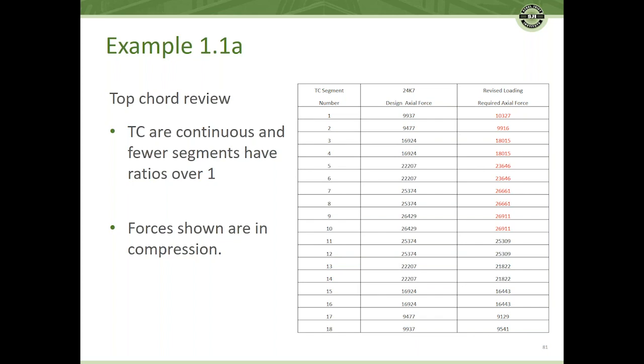You can see that for the center sections, we still have 26,429 as the force in the top chord, but in the revised loading, it's not that much more. It's 26,911. So you can see that sharpening our pencil is going to help us a bit. May not have to do as much as what we originally thought.